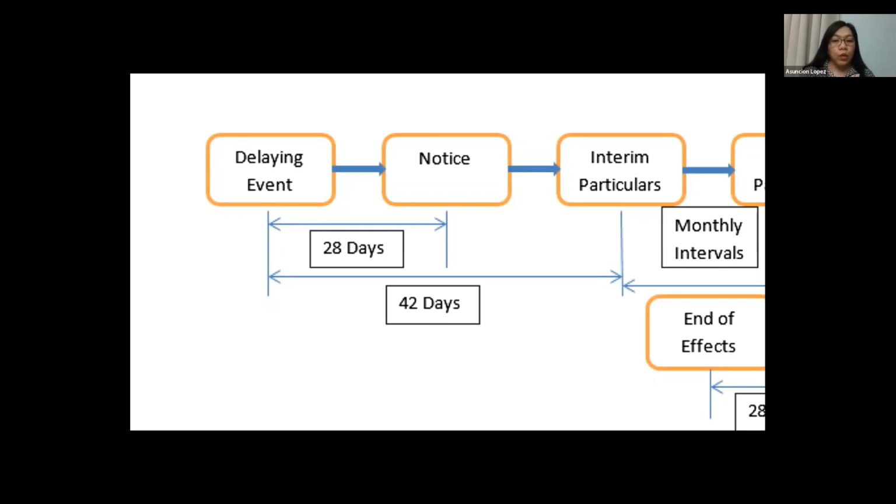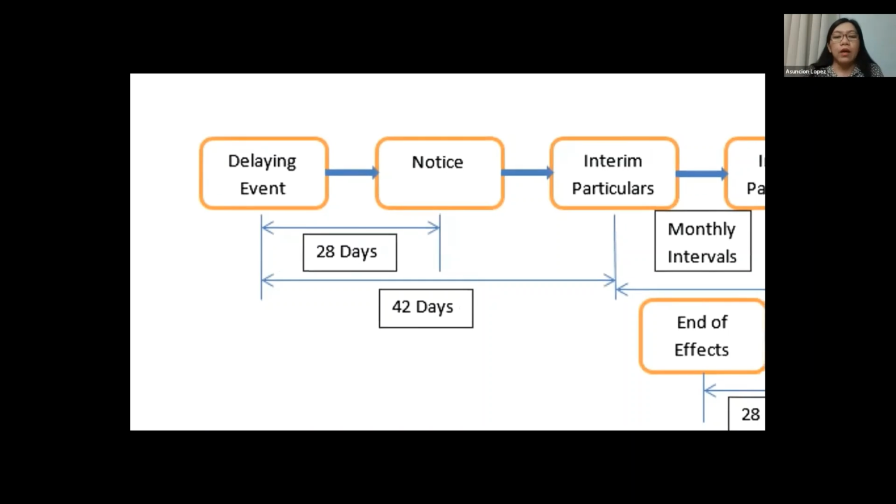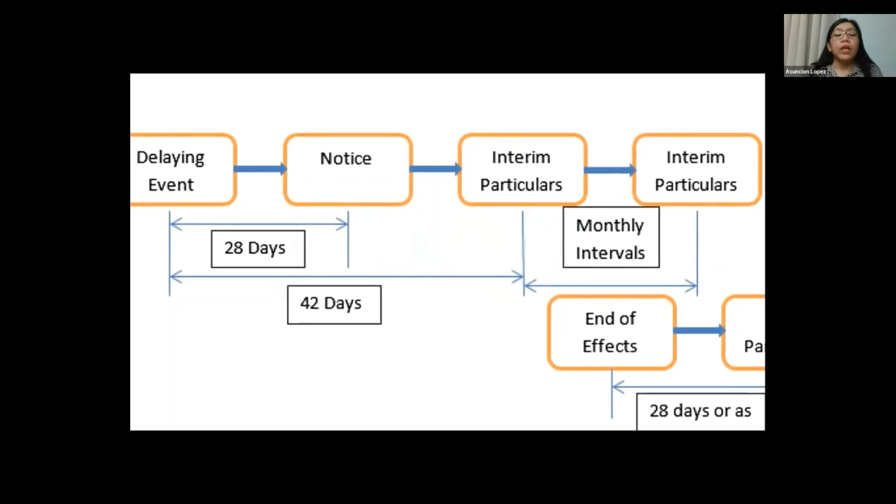Your claim will be time barred, and the client will have all the opportunity to reject your claim, even if you have spent so much time and effort in the preparation of that claim. So from the time that you have become aware of the event, you have 28 days to give a written notice to the client.